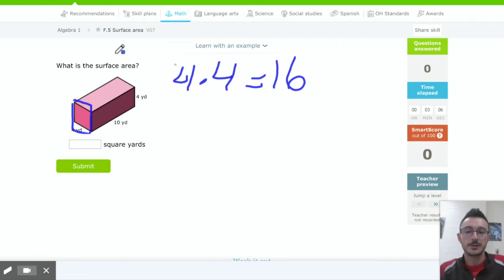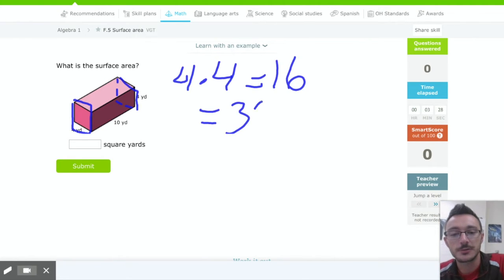And I know that I have 2 of those because I have this here as well. We have 2 of those. So if I do another 16, that's going to give me now 32. So now I have 2 of the 6 sides covered.